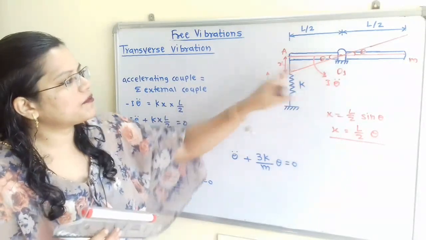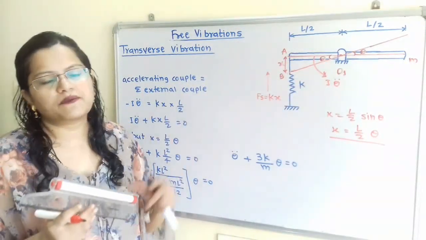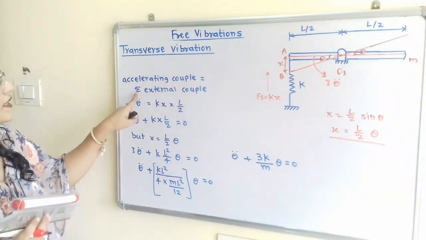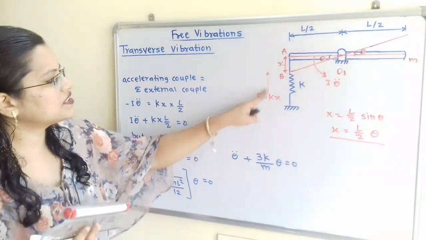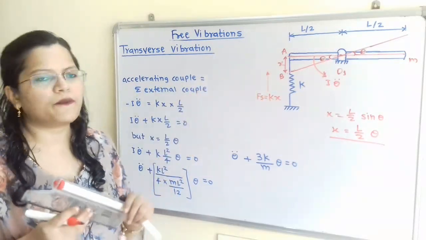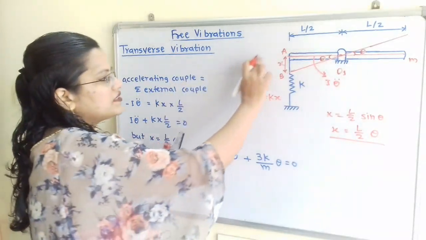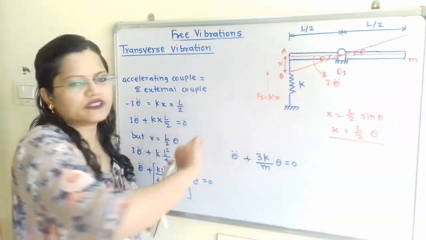Now this is the free body diagram of the system. From this free body diagram we can write the formula: accelerating couple is equal to summation of external couple. This is the force which will act in the upward direction. Now we have to find the summation of external couple, that is the couple for this force Fs.